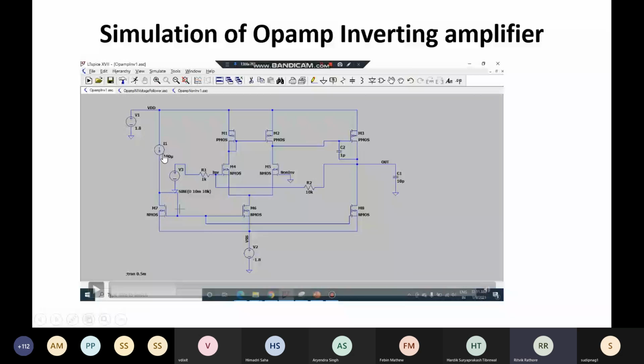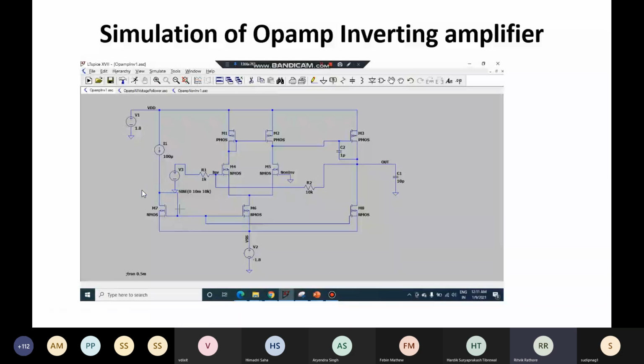In 180 nanometer, the typical threshold voltages of the transistors lie around 0.4 volt. So I have selected the VGS of this transistor to be around 0.65 or 0.67 volt, which is greater than the threshold voltage by a good margin.